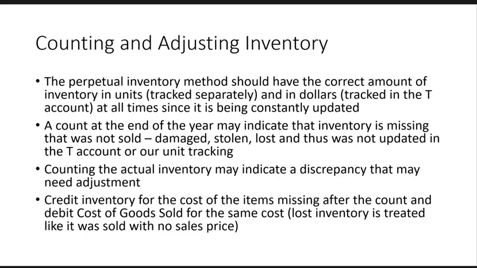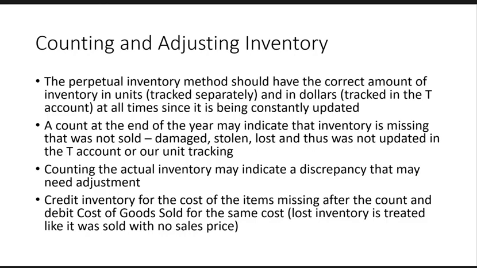However, even when we have a good system going, we probably want to count at the end of the year because we may have missed some things. There may have been damaged, stolen, or lost items that were not updated in our T account or in our units. So we take a count. We actually physically count the items.